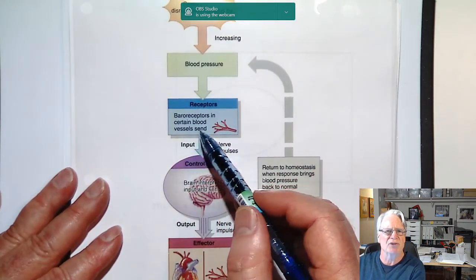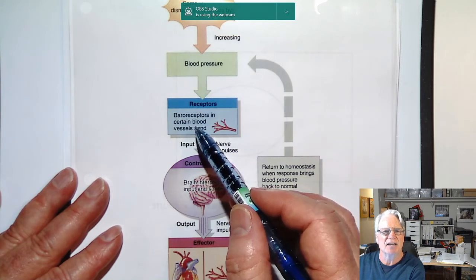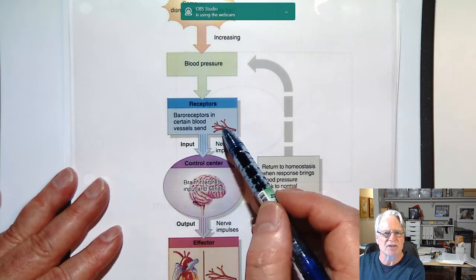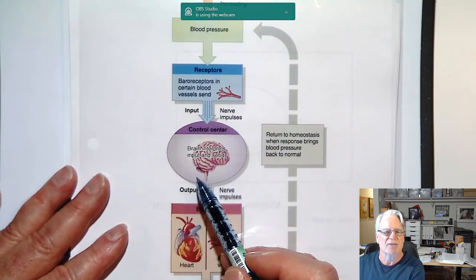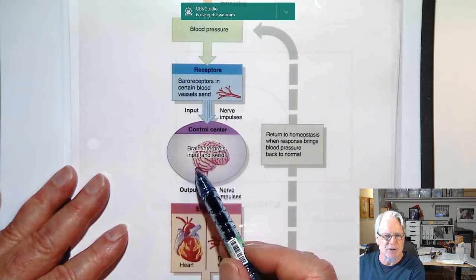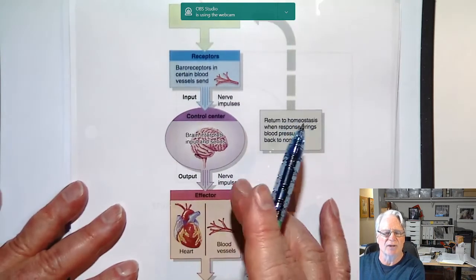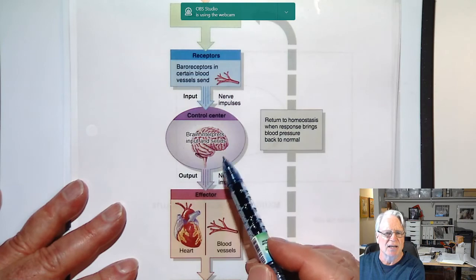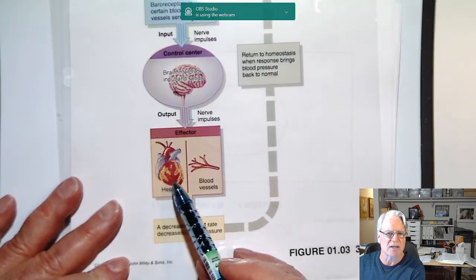So that's our baroreceptors. And as I mentioned, those are found in the carotid artery and the aortic arch. That information is then going to be sent into the brain, the medulla oblongata, the vasomotor center. That's going to register that change, integrate that along with other information it might be receiving, and produce some output. And that's going to change heart rate and blood vessels.